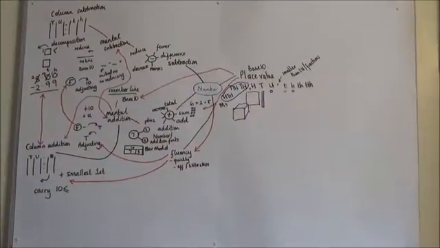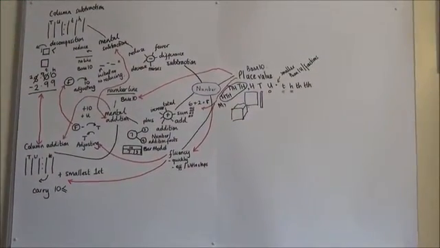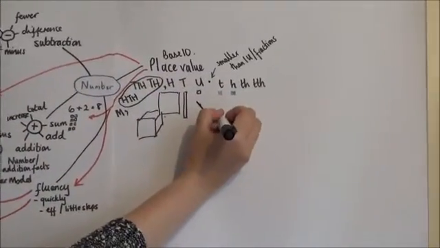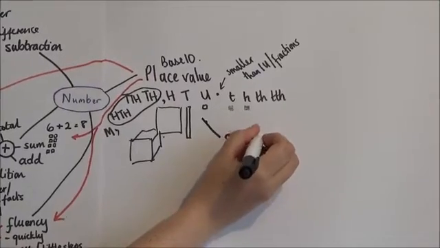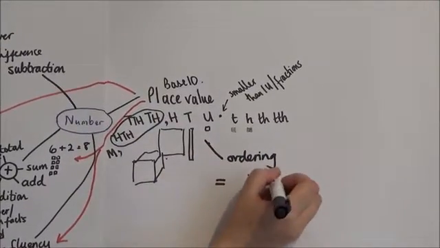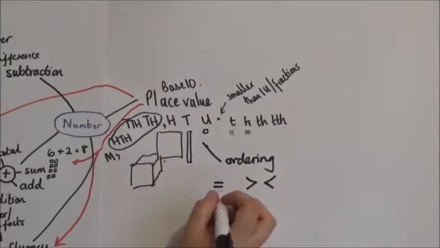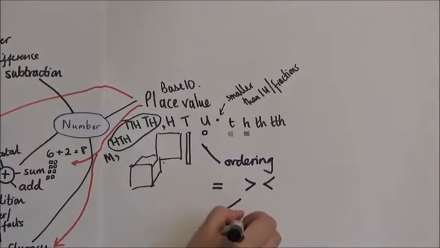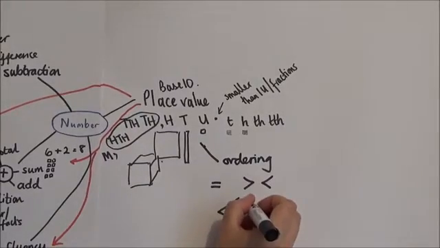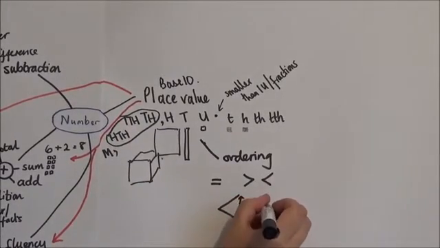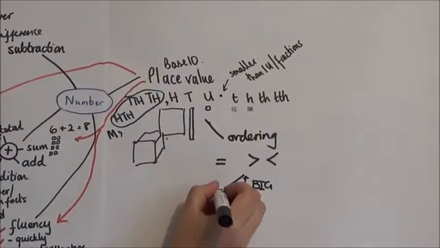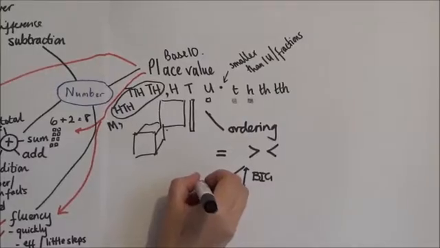Let's put our new learning onto our number mind map. We were looking at place value, and actually all we were doing was ordering using our equals to, our greater than and our less than sign. And remember we said with our greater than or less than, the biggest number goes to the biggest opening and the smallest opening points to the smallest number.